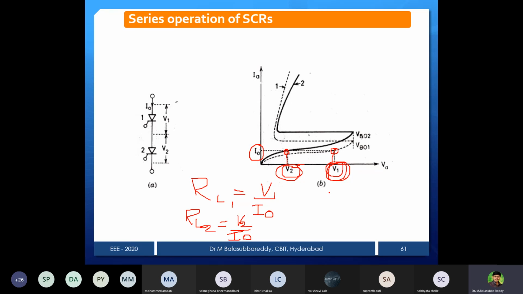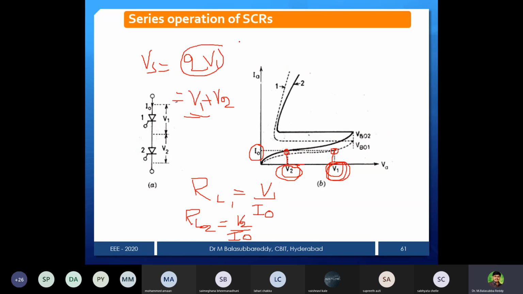Normally, if both were the same, the total blocking string voltage must be 2V1. But now, how much is it blocking? V1 plus V2, instead of 2V1. That is the problem actually.